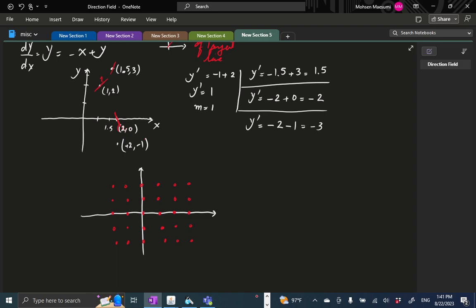And by looking at that, you can get a sense of how the solution is going to behave. So you essentially have to follow your nose. You start at a certain point, which is going to be the initial point of the solution that you want, and you want to know in which direction you are going to be traveling.